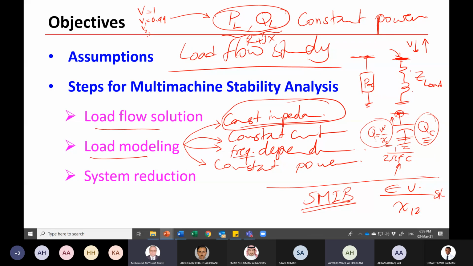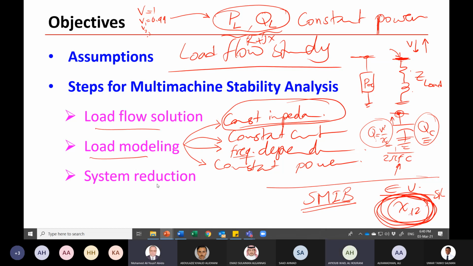Right. We need an impedance. So we need to figure out the contribution of the load impedance on X12. In order to calculate this X12, the transfer impedance between the generators, you need to represent the load, to take the load into consideration here. This will be reflected here as impedance.